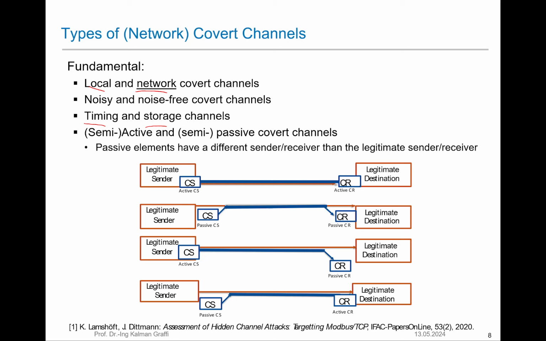whether the sender himself is participating in the steganography or not. So for example, if the sender has some add-on to his software which introduces the stealthy data, and the recipient as well, then they are both active because they are both actively participating in the steganography.